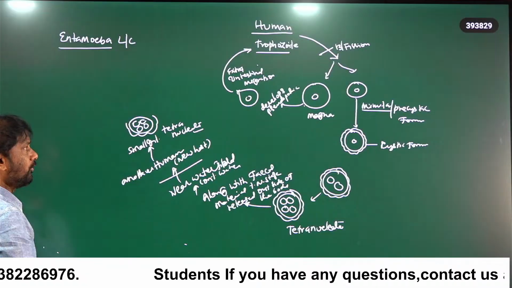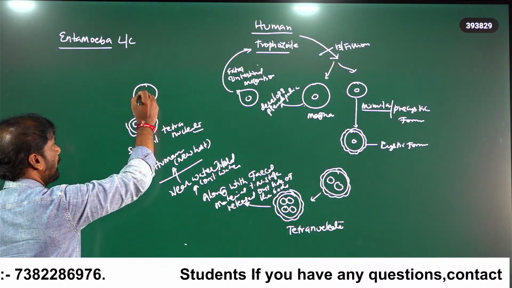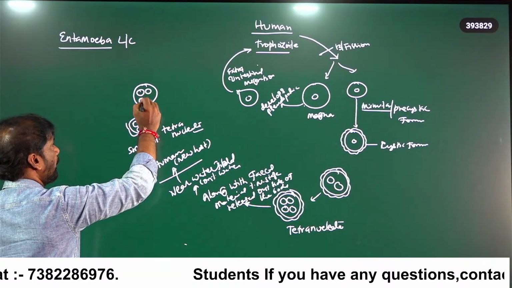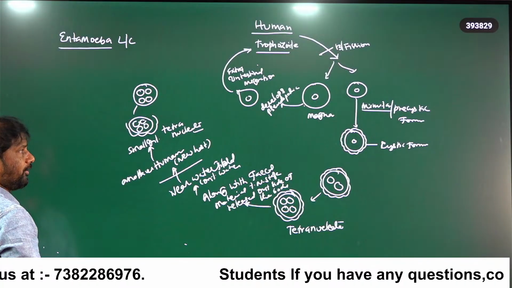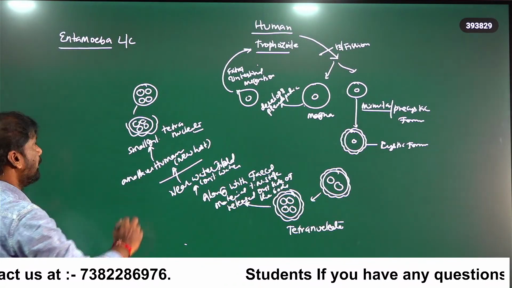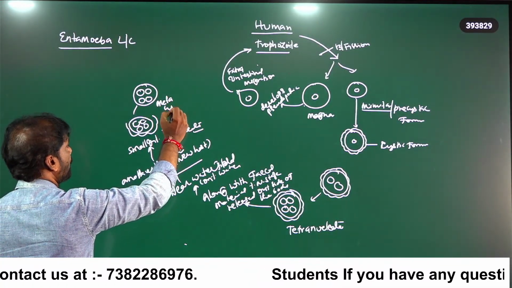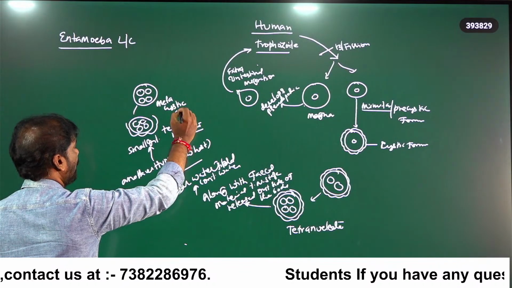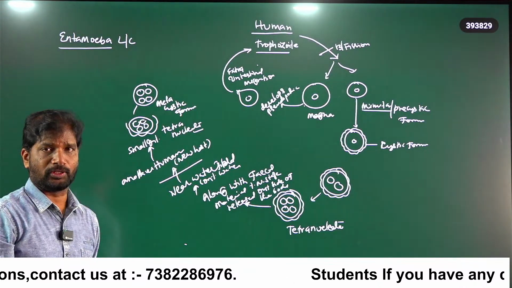The tetranucleate stage is then released into the small intestine. Now it is known as the metacystic form. What is that? Metacystic form.